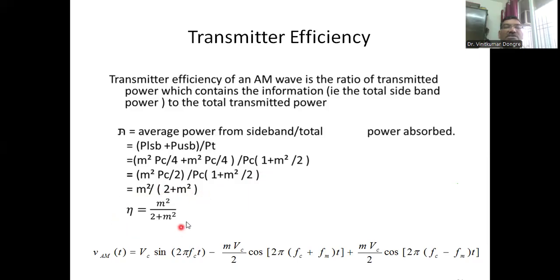So the efficiency becomes M square over 2 plus M square. So the efficiency of your amplitude modulated wave simply depends on the modulation index. If your modulation index is a certain value, what is your efficiency? That we will just see.